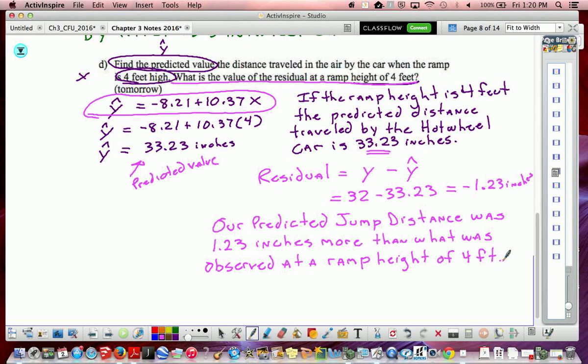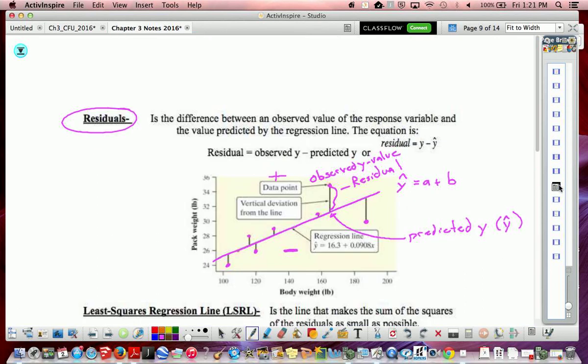So being able to interpret residuals is very important. Later on in this course, we'll also take a look at the residual error, or what was the average error for all points. That's coming up tomorrow. Tomorrow? Or Saturday? Monday. It won't be tomorrow.